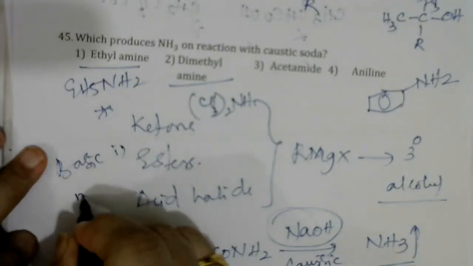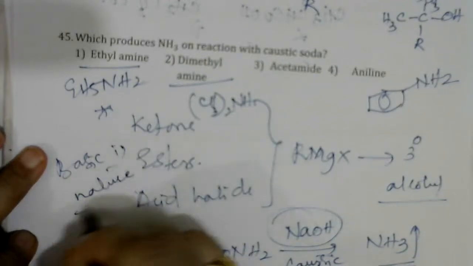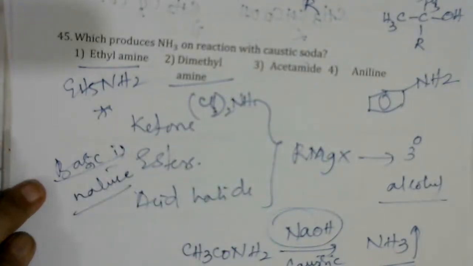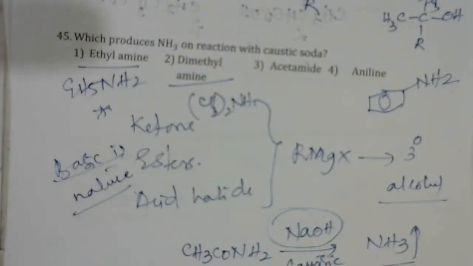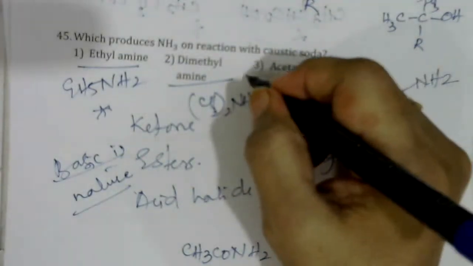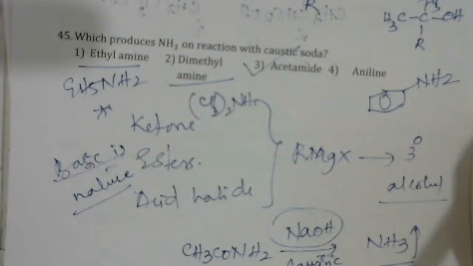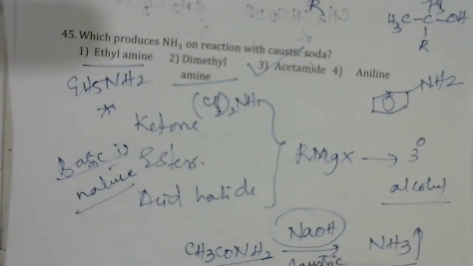That's why we cannot expect any product there. So we can write the answer for question number 45 as the third option, that is acetamide. The IUPAC name of acetamide is ethanamide.